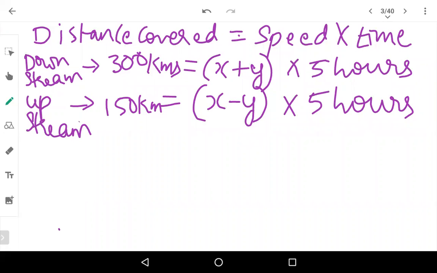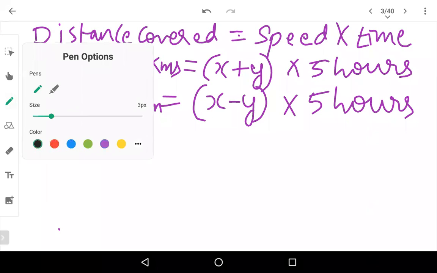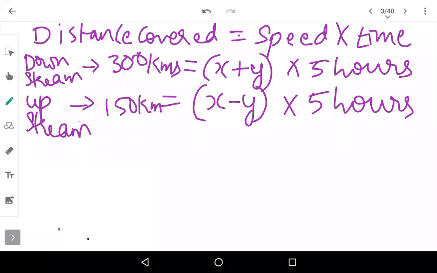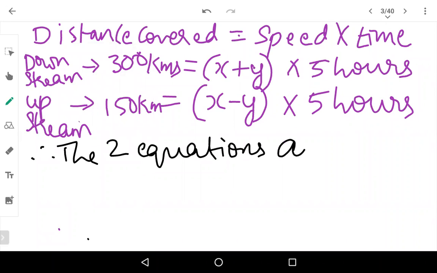Okay, now we are supposed to form the equations by simplifying these things. It's very easy, just multiplication of x and y is required. Therefore the two equations are: 300 is equal to x plus y into 5.